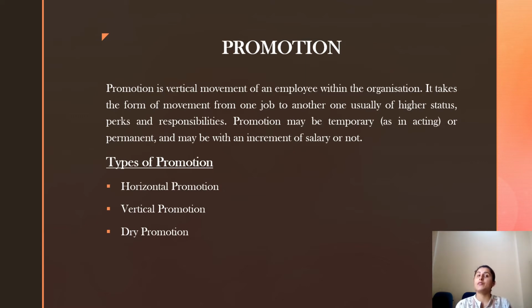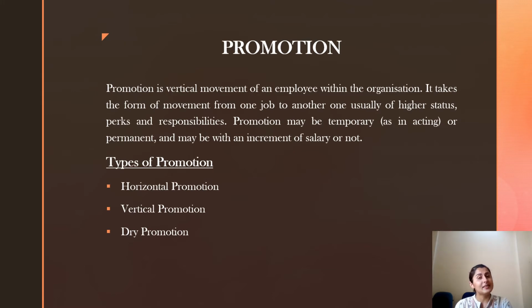It means that whenever in the organization some employee is moved to a particular position which is somewhere or the other similar in terms of roles and responsibilities, and to fill that particular position, we are giving you a grade of assistant professor only, from grade 3 to grade 2, then in that case we are not increasing any salary, any package, any increment. The salary, everything remains the same. Then this kind of promotion is said to be dry promotion.